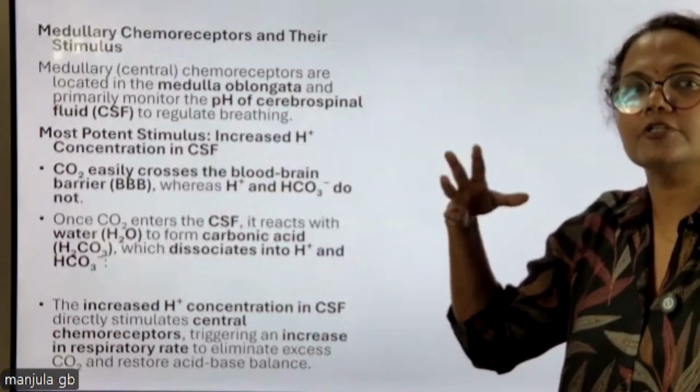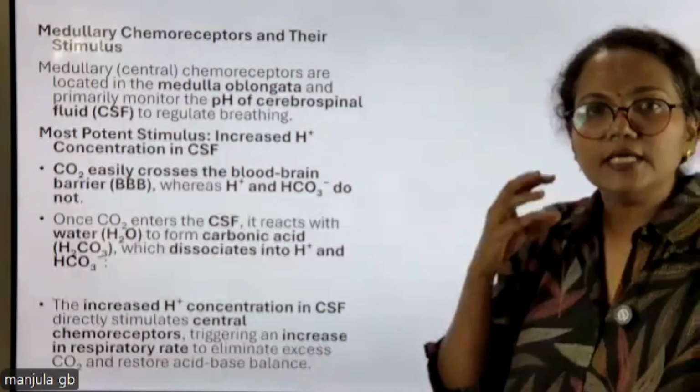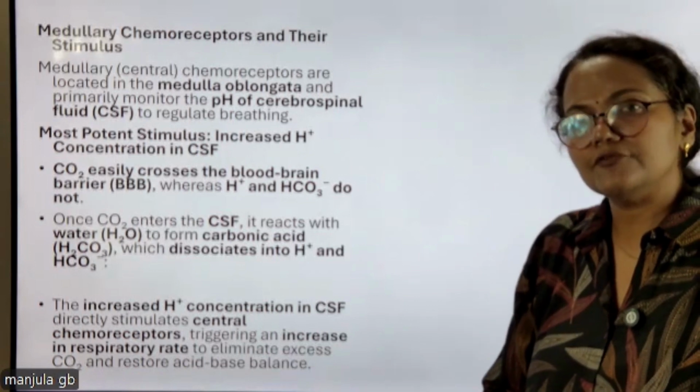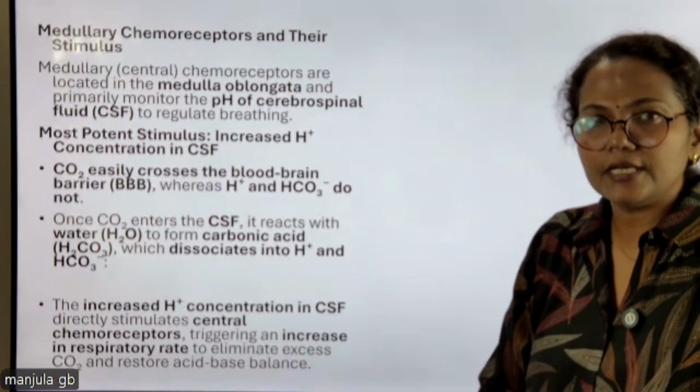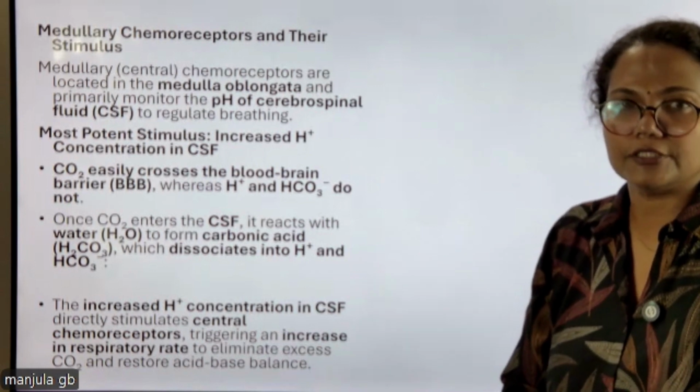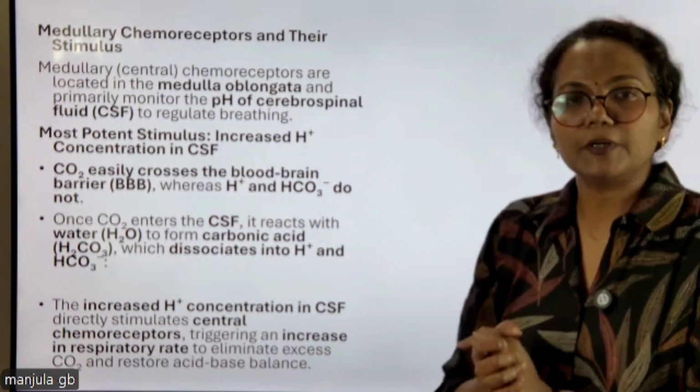The medullary chemoreceptors are also known as the central chemoreceptors, and that triggers an increased respiratory rate, and thereby you eliminate the carbon dioxide. Is that clear? Once again, I will explain.